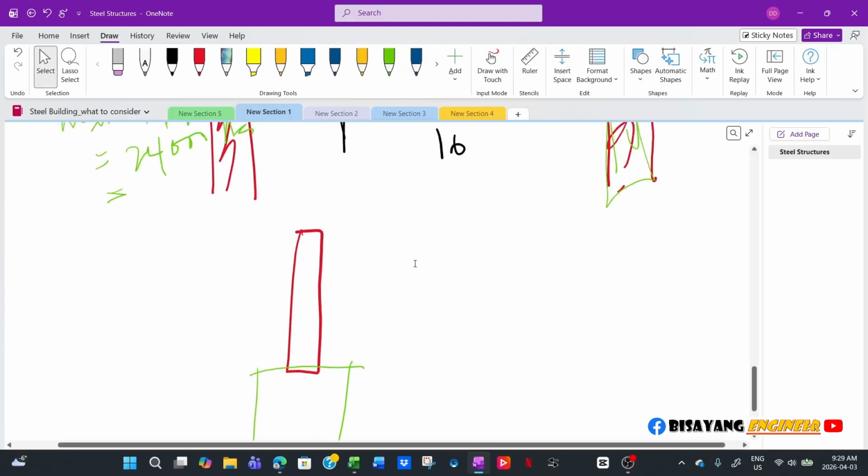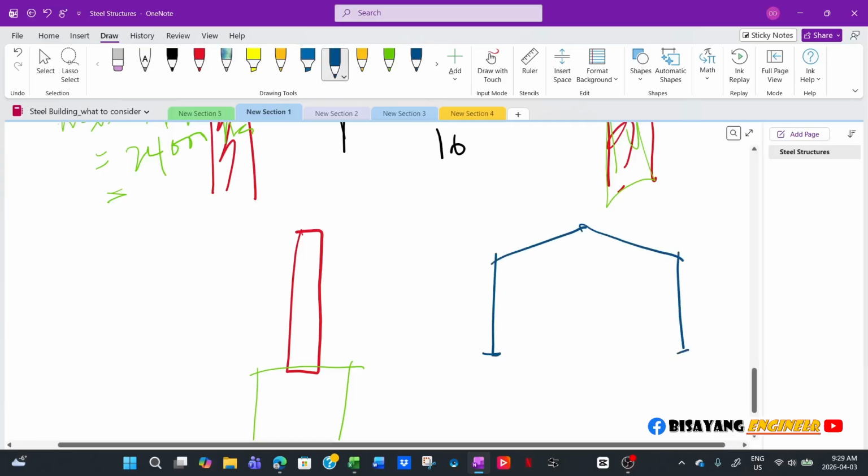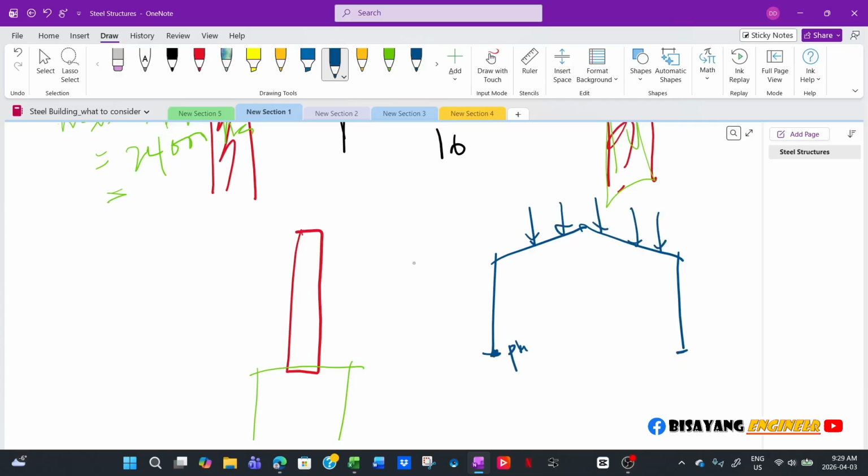Now, for a building like this one, I've never seen a moment connection right here. It's typically a pin connection. But regardless of the pin connection, this vertical load will always result in a kick.